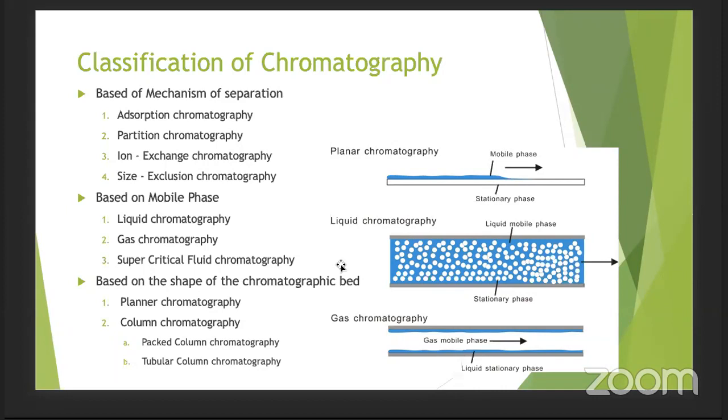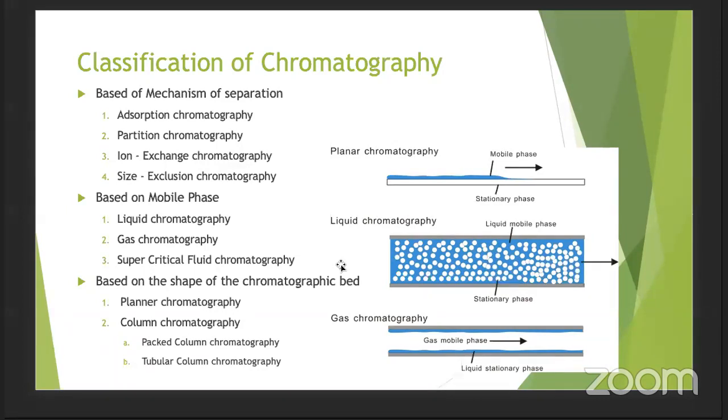The other one is column chromatography. In column chromatography, the stationary phase is packed or filled in a tubular column. For example, ion exchange chromatography, HPLC, hydrophobic interaction chromatography, and so on.